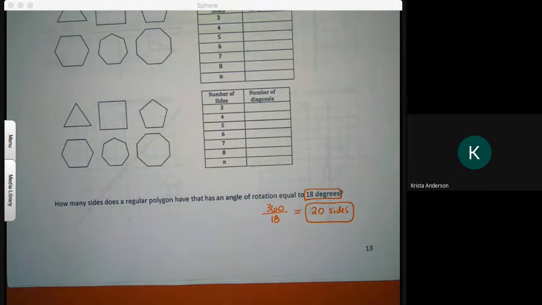We can find the angle by dividing, or we can find the sides by dividing the 360. You just thought to yourself, what number would 360 need to be divided by to get the value? You said 20. That's really good.